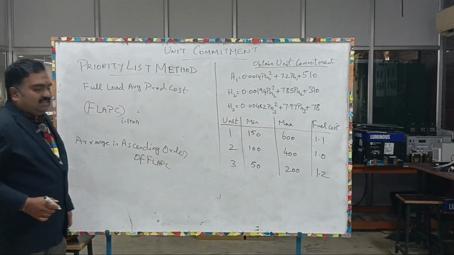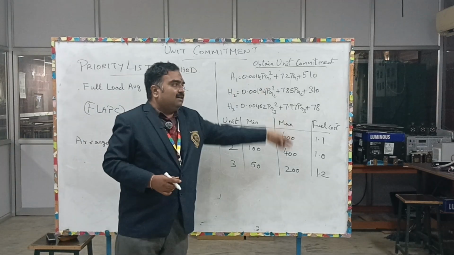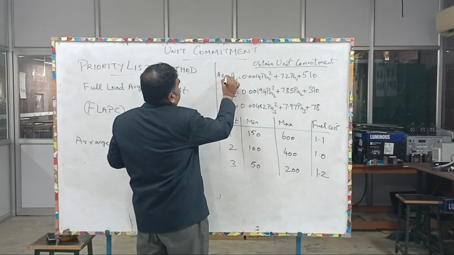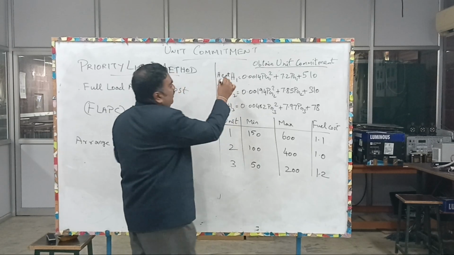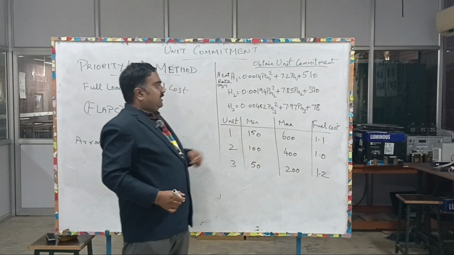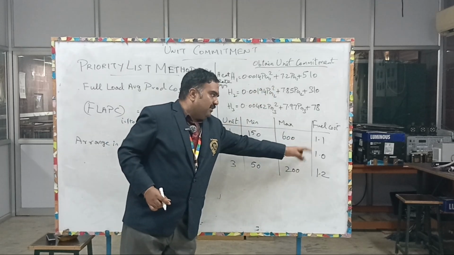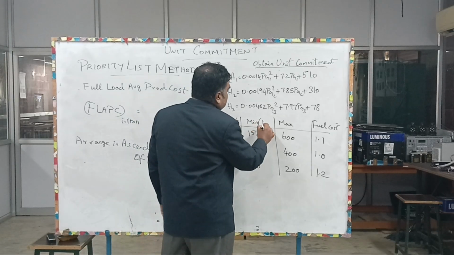So, how do we calculate this FLAPC? When we look at the data given here, we have been given the heat rate equation for 3 generators, in the form of a quadratic equation, and in the tabular column you have the fuel cost and the minimum and maximum generation of each generator.